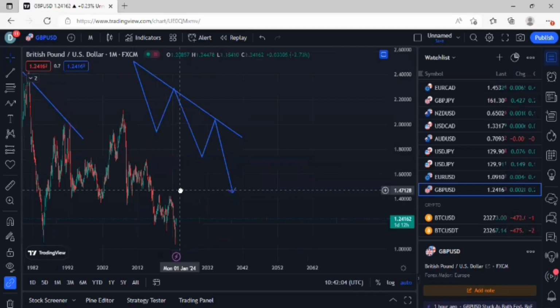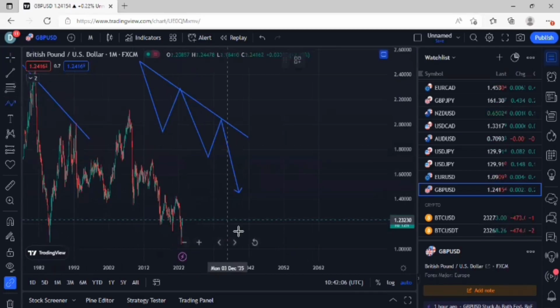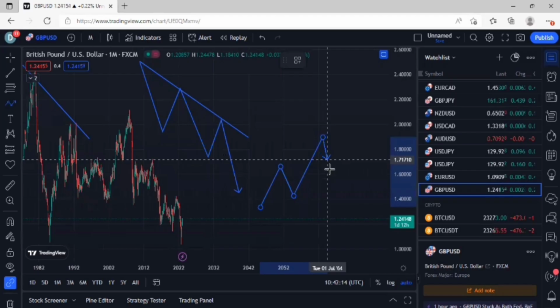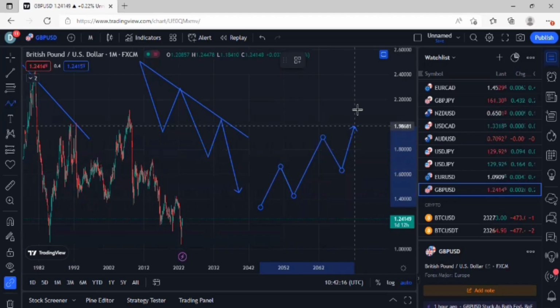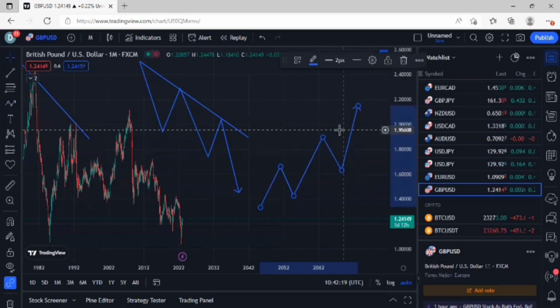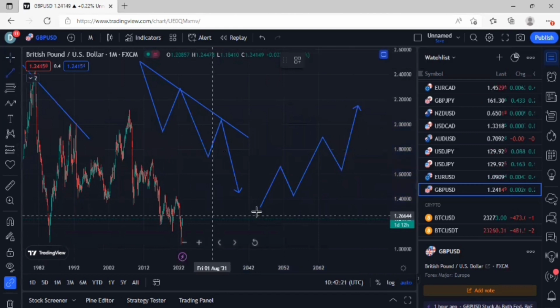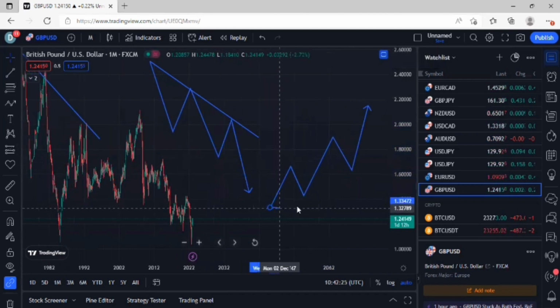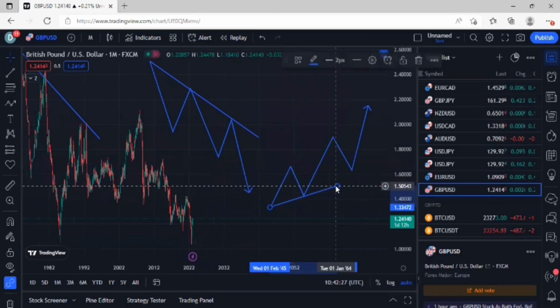So for the uptrend now, when you have low, high, higher low, higher high, higher low, higher high, and you're able to join two together like this, we will say the trend has started.